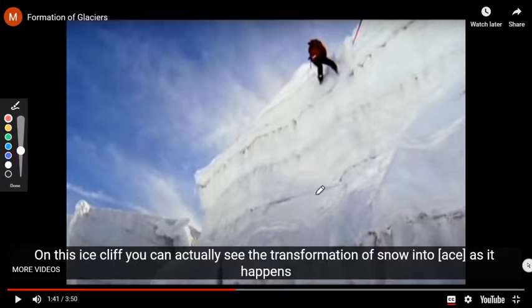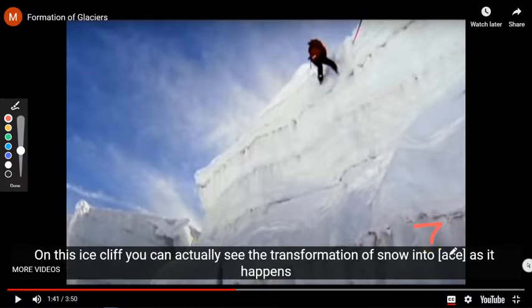I see 1, 2, 3, 4, 5, 6, maybe different layers there. So we're looking at least 6 years of snowfall. So down here, this snow could be 6, 7, or maybe more years old.